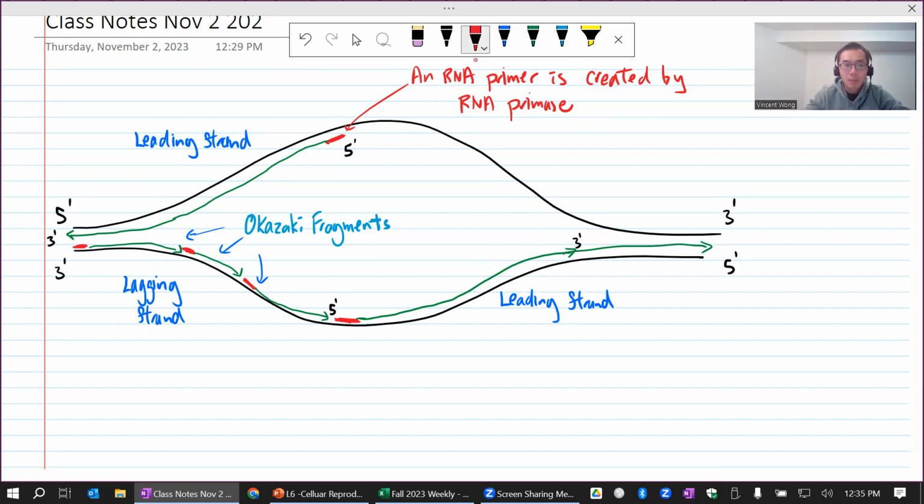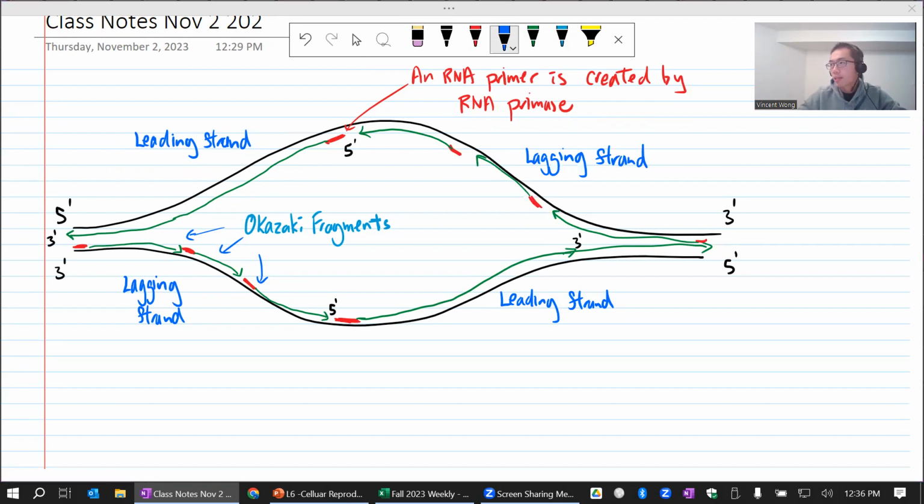Whereas the top was the leading strand on the left side, but on the other side you're going to have to put more primers, and then you get your Okazaki fragments. And this side is the lagging strand. So that's basically where we left off last time.